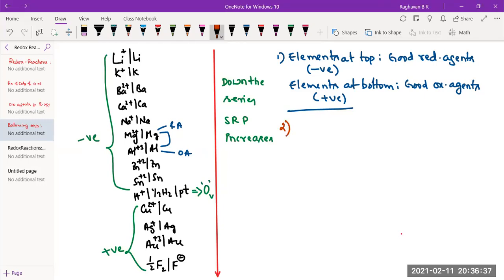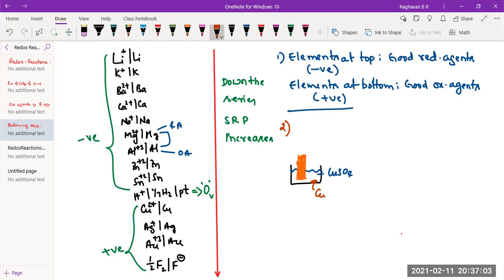Okay. Now we had seen one competitive electron transfer. You take here copper sulfate solution and dip a zinc rod into it. And what would happen when you dip a zinc rod into the copper sulfate solution? There will be precipitation of copper. Why so?